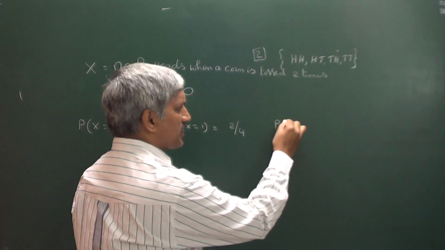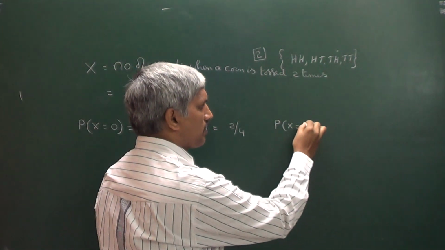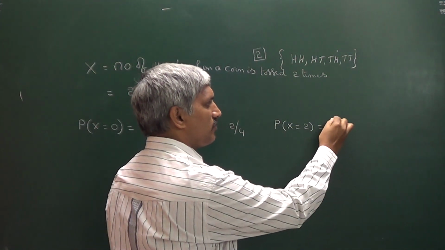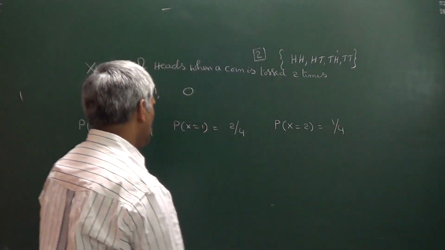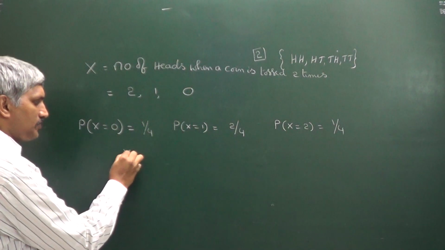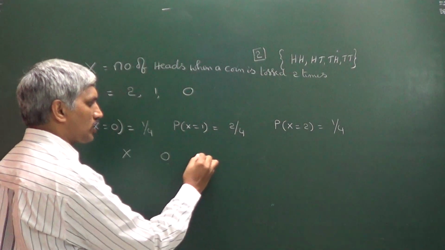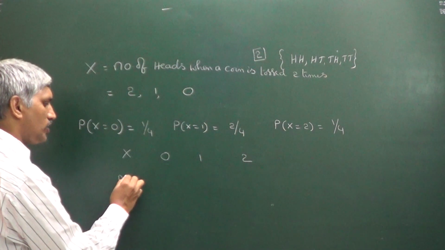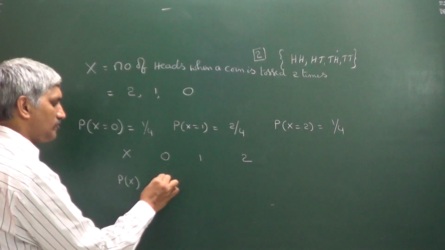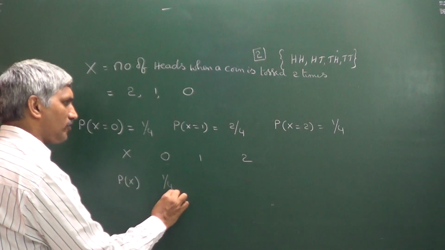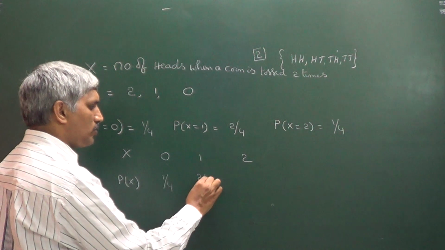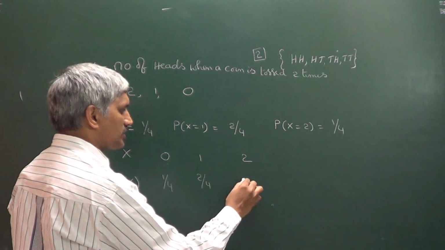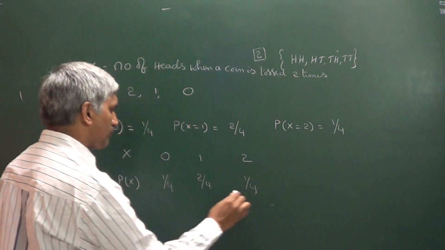When X is taking the value 2, the probability is 1 by 4. So the random variable X takes the values 0, 1, 2 and their respective probabilities are 1 by 4, 2 by 4, and 1 by 4.